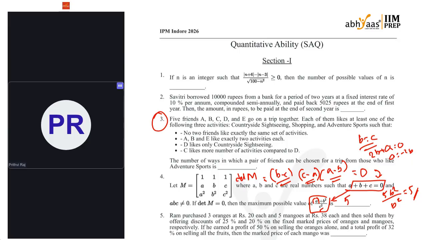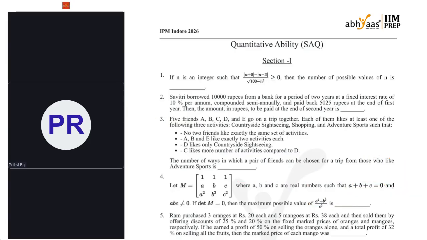Next, Ram purchased 3 oranges at rupees 20 each and 5 mangoes at rupees 38 each, and then sold them by offering discounts of 25% and 20% on fixed market prices of oranges and mangoes respectively.